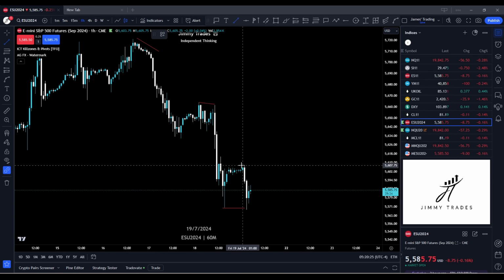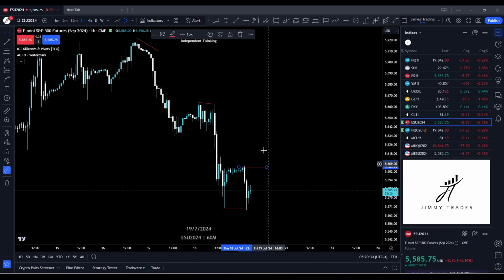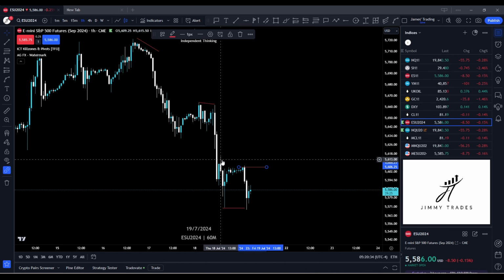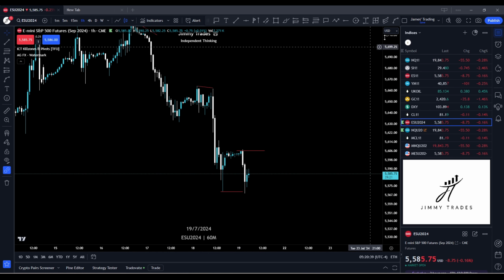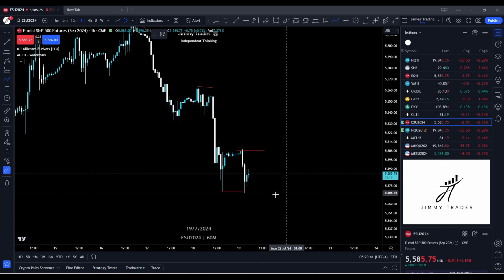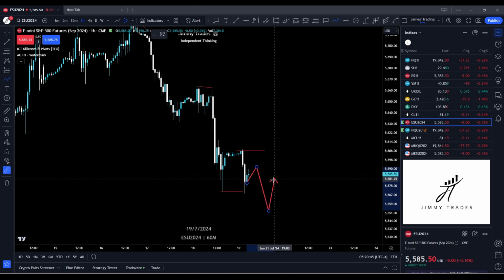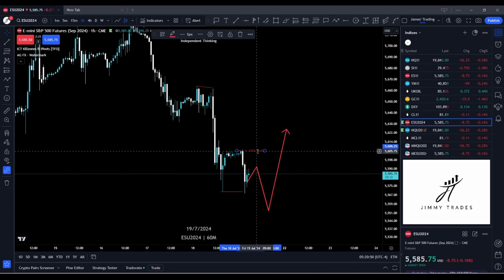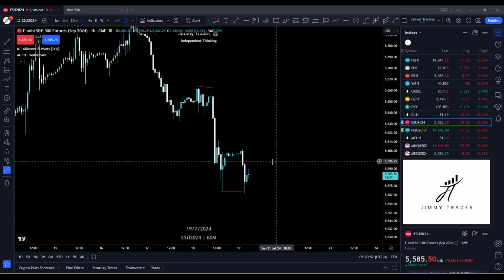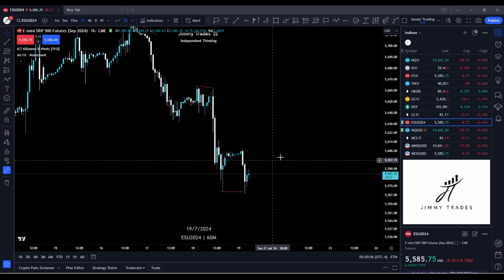Same scenario, we'd be looking at this level at this stage to confirm any change in the state of delivery. If it was to happen, then that would be the level at the moment. Of course, if price decides to come back down for another swipe and then pushes through, that might move the change in state of delivery. However, with the current formation here, that would be our level.